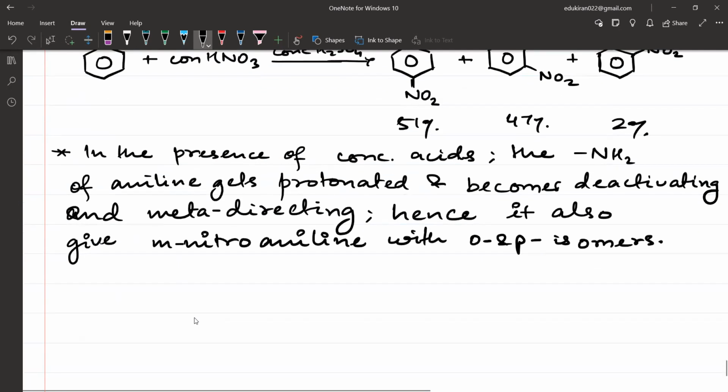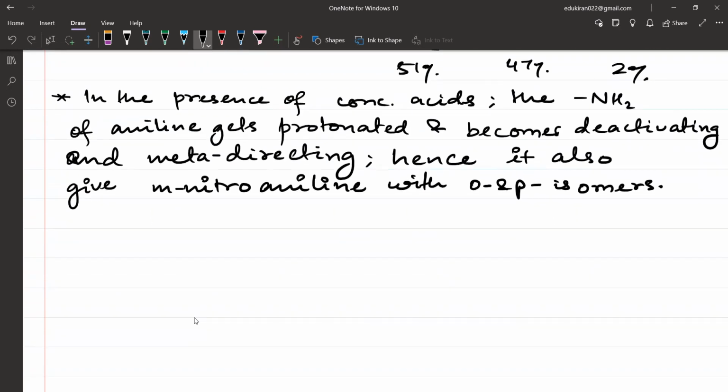So how can we stop this? We can stop this with the same thing, that is acetylation. So we will have NH2, the aniline like this.